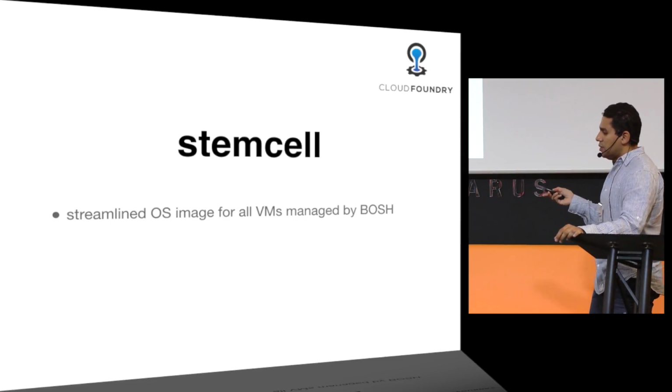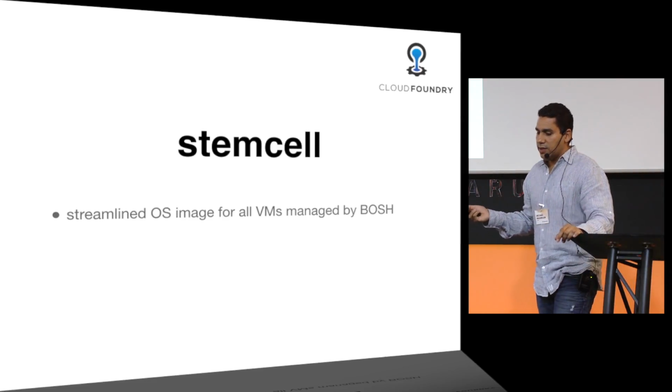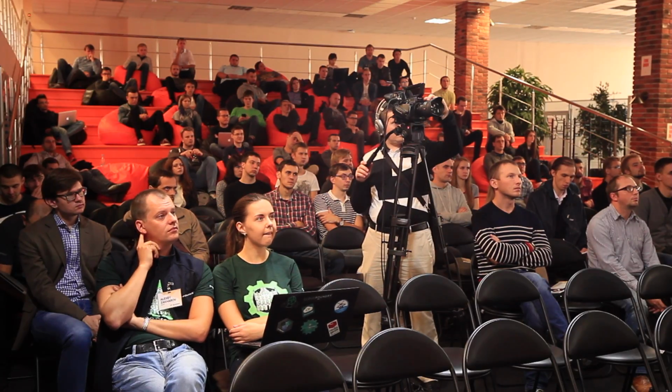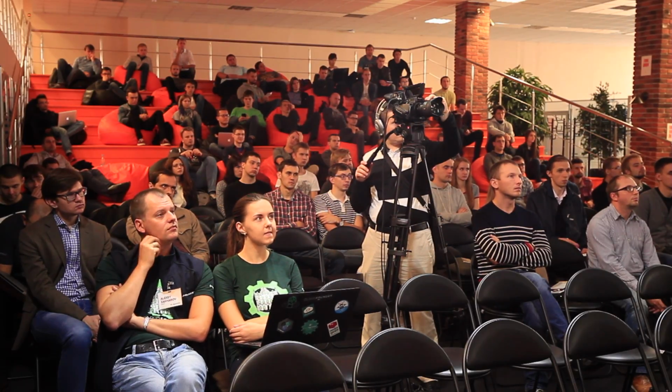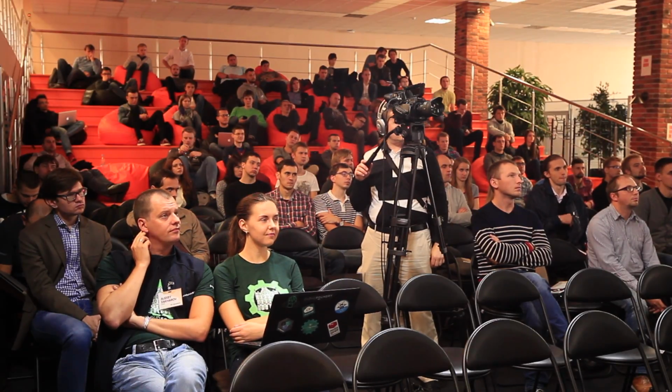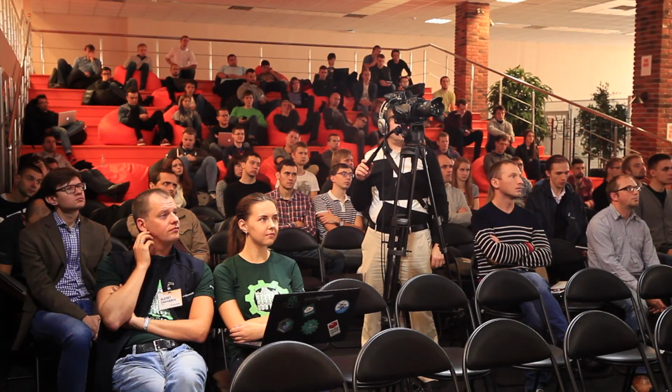The stem cell is, in a sense, the OS image. The reason we call it a stem cell is because if you know anything about biology, you know that we're all built of cells, but the cells differentiate depending on where they are, like cells in your brain versus cells in your arm or your heart.